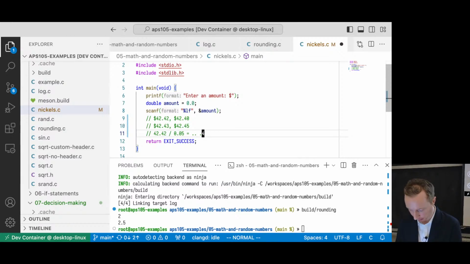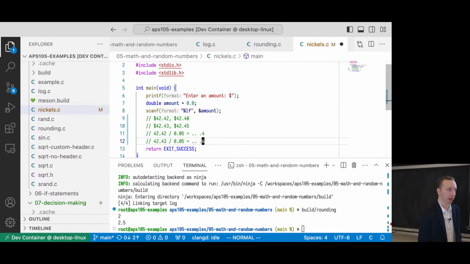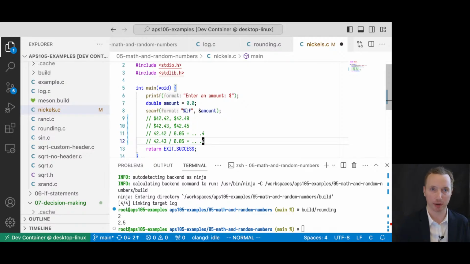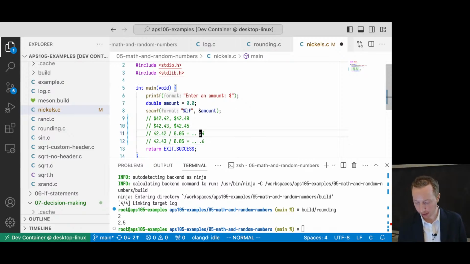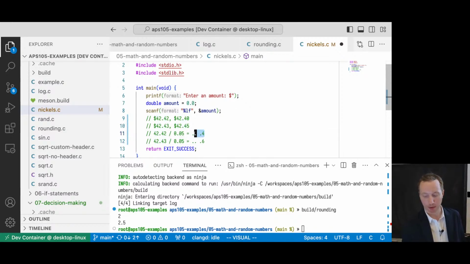If I do the other case, my decimal part is going to be something like 0.6 of a nickel. So if I take this and round it to the nearest integer, this one will round down, this one will round up, so that gets me to the nearest nickel.